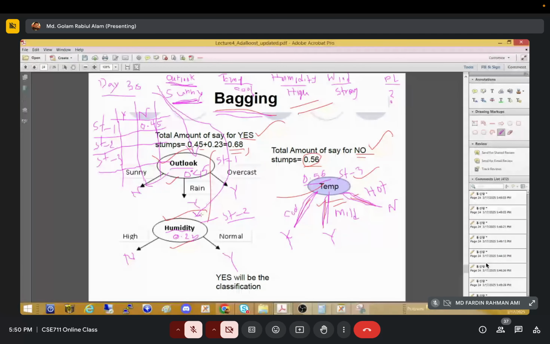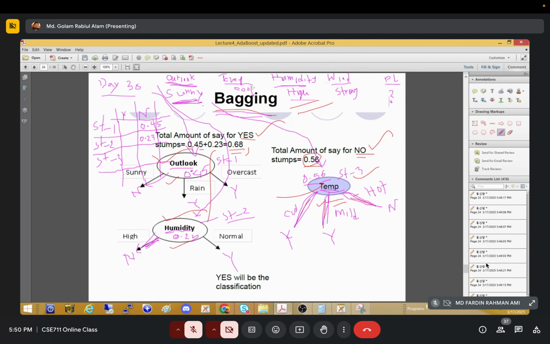Then we have to pass the same query to stump 2. Here is stump 2, and it will check the humidity. Humidity is high. If humidity is high, then the answer is no again. So the no will get the vote 0.23. And then we have to pass the same query to our stump number 3. It will check the temperature.